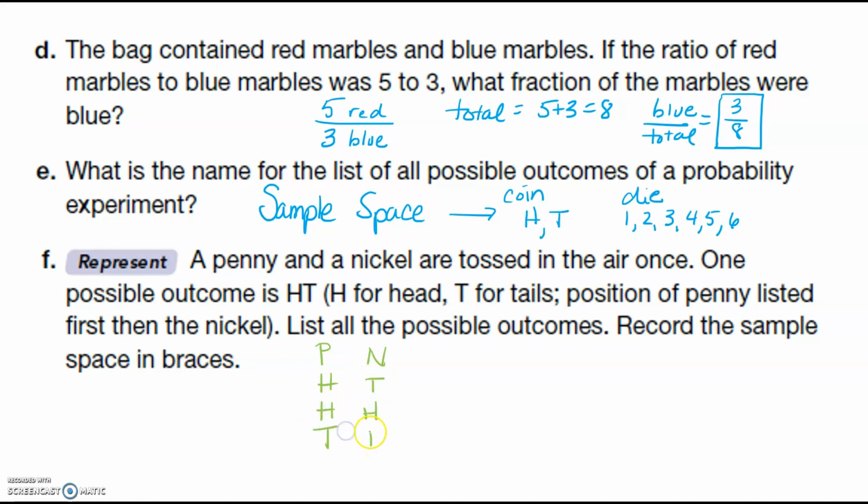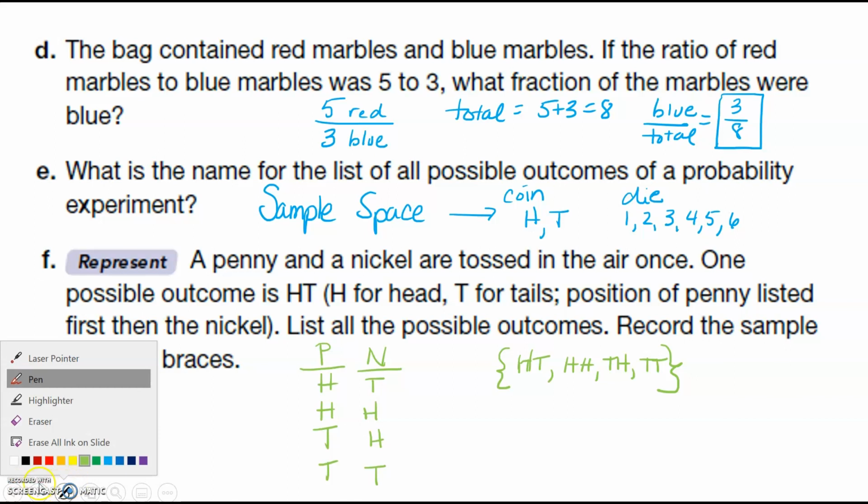I could have tails and heads, or I could have tails and tails. These are all the possible outcomes if I'm flipping a penny and a nickel just once. So they want me to put the sample space in braces, which is like those sideways chocolate chips that we draw sometimes. So we have HT, HH, TH, and TT. And there's another chocolate chip.